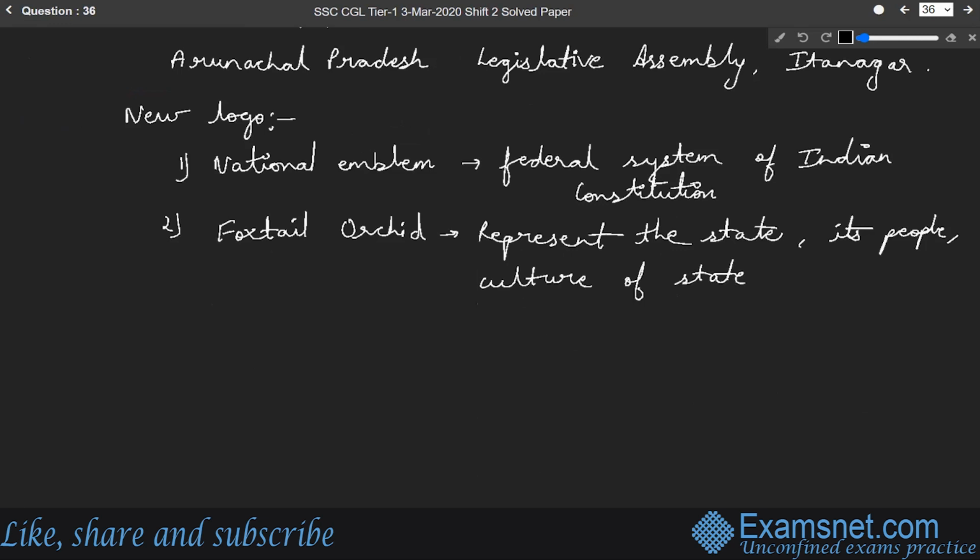Third part is a blue color. Do you know what this blue color signifies? The blue color of the logo denotes the autonomy of the Assembly Secretariat.